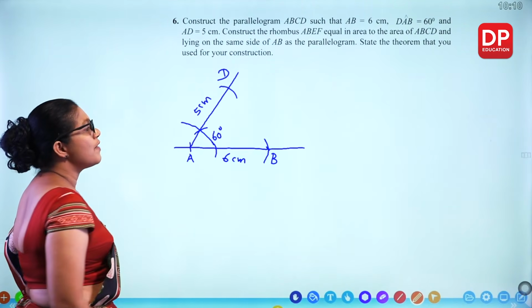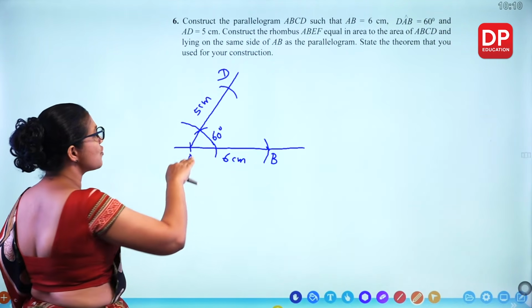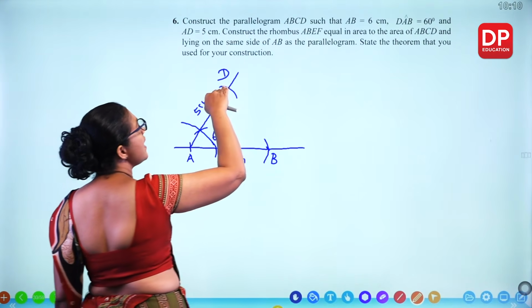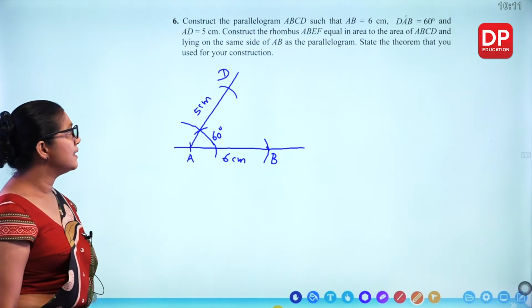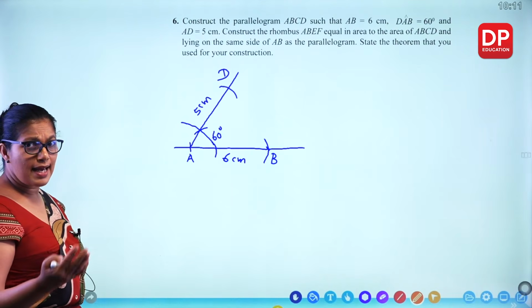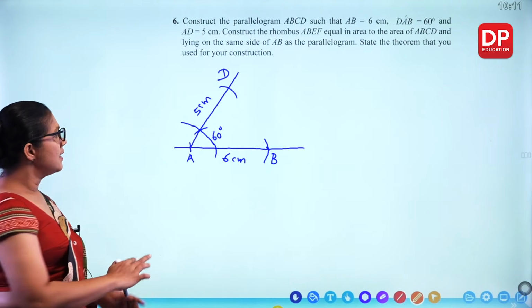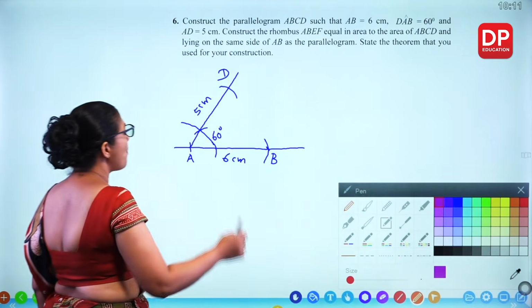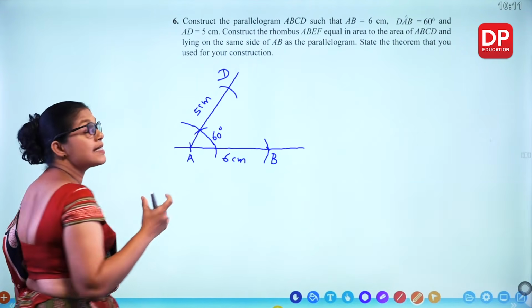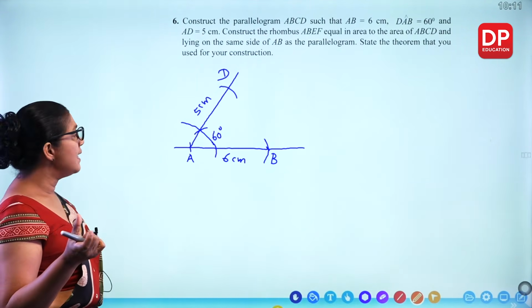Now we need to construct the parallelogram ABCD. That means we need to construct a parallel line to this one. How can we draw a parallel line? We can use the compass again and the property of alternate angles. Alternate angles are equal.